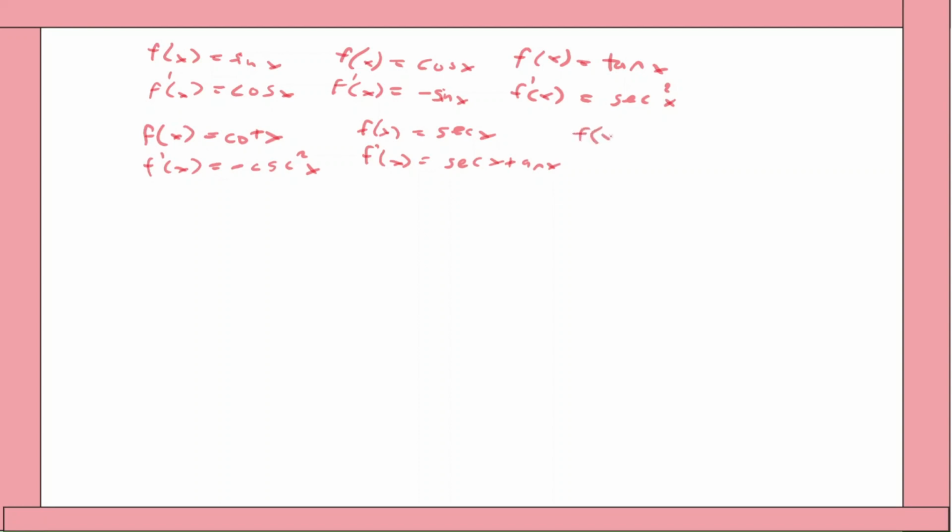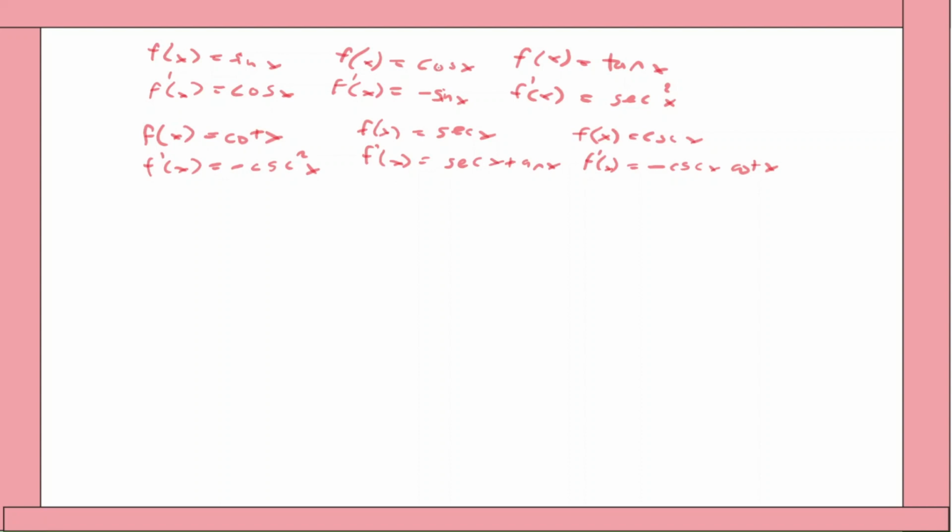And similarly, if we had cosecant of x, well, its derivative will just be negative cosecant of x cotangent of x. So as you see, although you have to memorize these, they actually do kind of follow a pattern with one another.